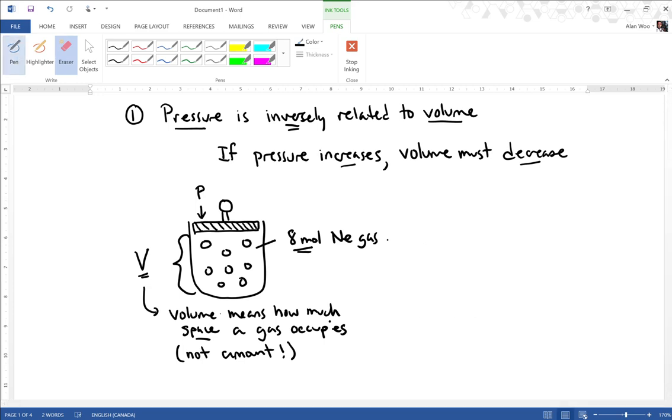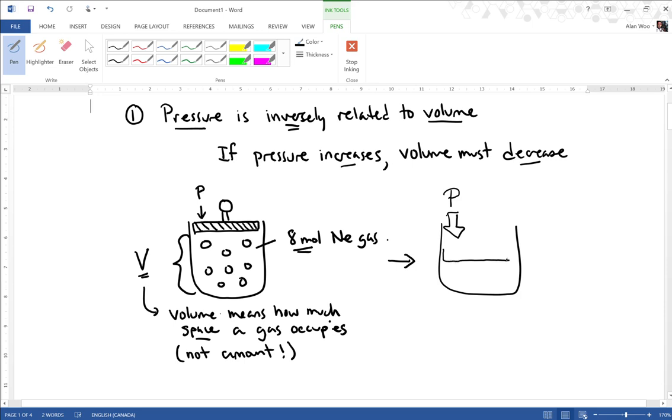But if we were to increase the pressure, so let's look at what happens if we had the same beaker, but this time you increase the pressure. The pressure is much larger. That's going to be represented by us pushing down on that piston.